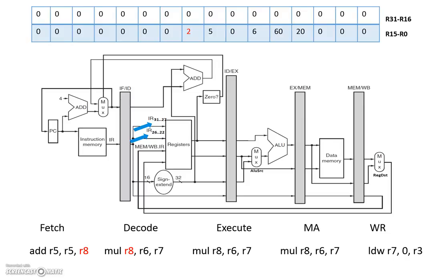Now the new instruction accepted by the fetch stage, add R5, R8, has the same register R8 as that of the decode stage, so stalling must be done.